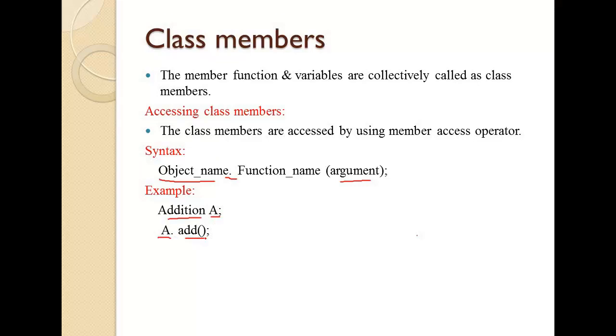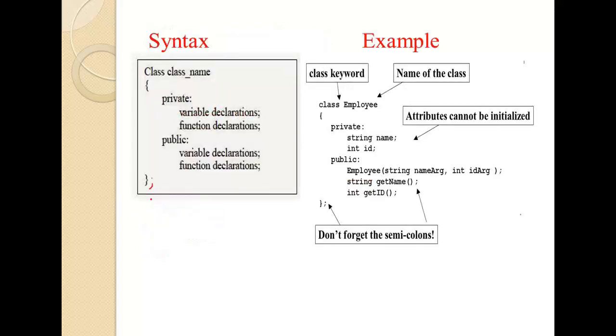Using this we can call the function and execute it inside the main program. These lines will be available inside the main program, whereas the class declaration part from the previous slide won't be available inside the main program. This we can keep anywhere in the program, which we will discuss.